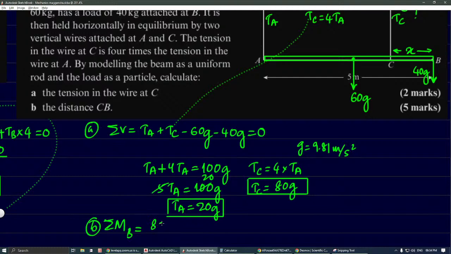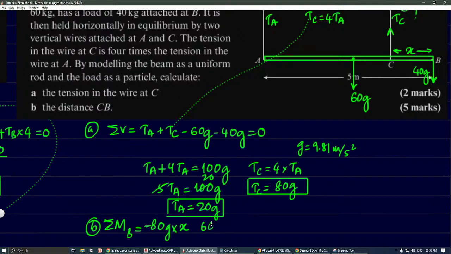TC value is 80G, right? 80G into X. And this will result in a clockwise moment, so minus.